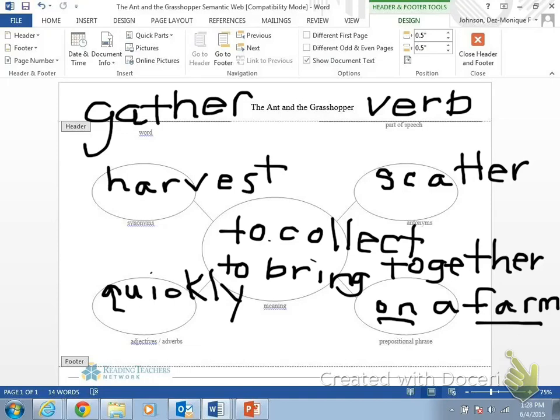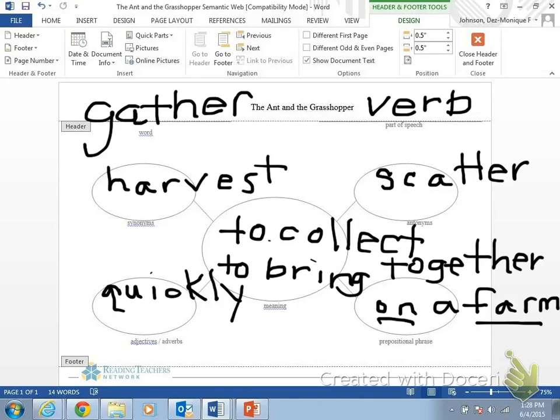All right, so now I'm ready for the very last part of my semantic web, and that is now to write a wonderful sentence that I can add to my writing collection. So here on my web, I know that the word gather is a verb, so that's an action word. It's something that can be done. I know what words have the same meaning, what words have a different meaning.